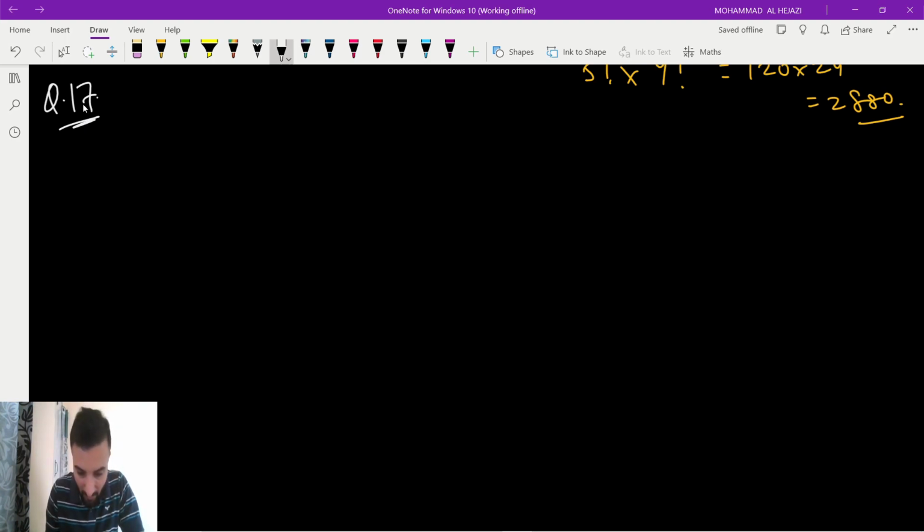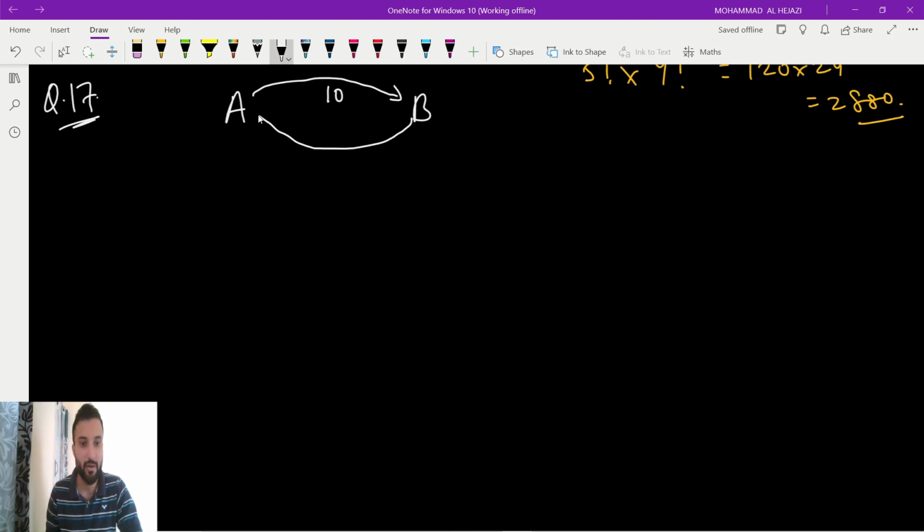This type of question we have already done. There are 10 flights operating between city A and city B. Find the number of ways in which a person can travel from city A to city B and return by a different flight.